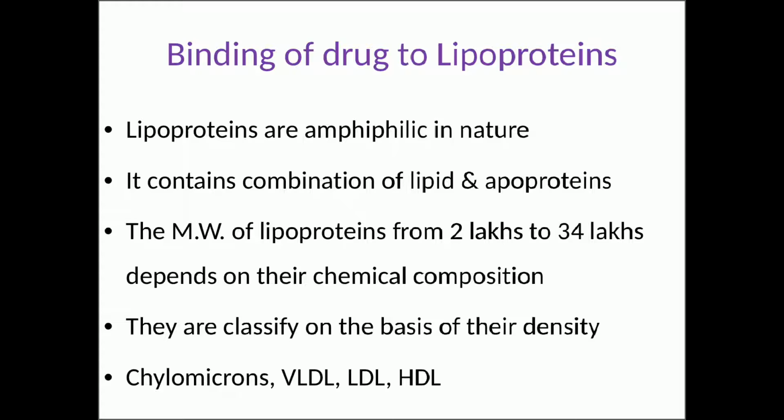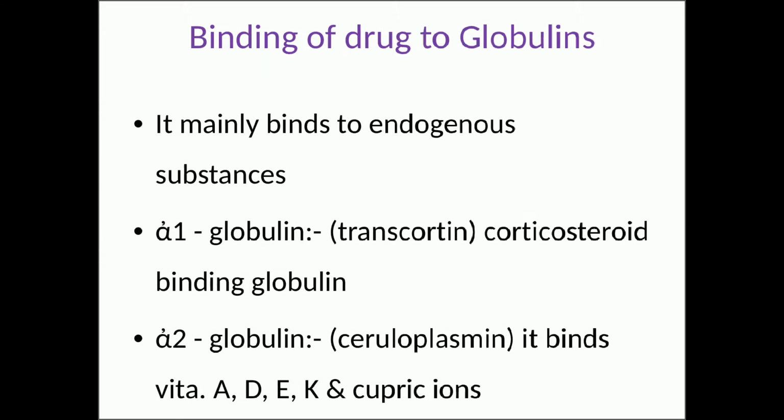Lipoproteins are classified on the basis of their density. So we have various classes of lipoproteins like chylomicrons, then very low density lipoprotein, low density lipoprotein, and high density lipoprotein.